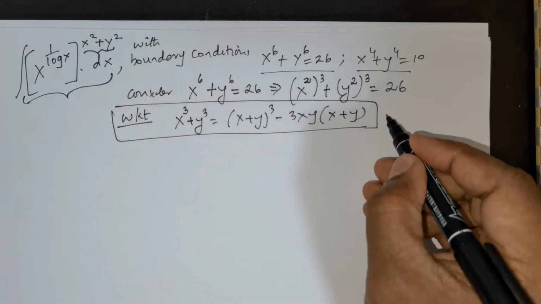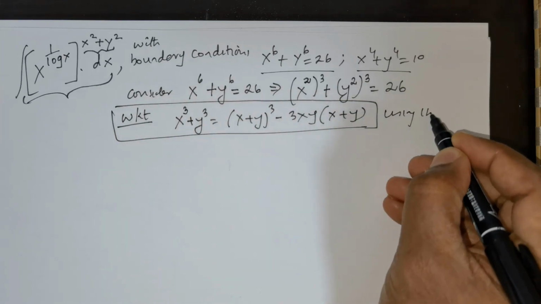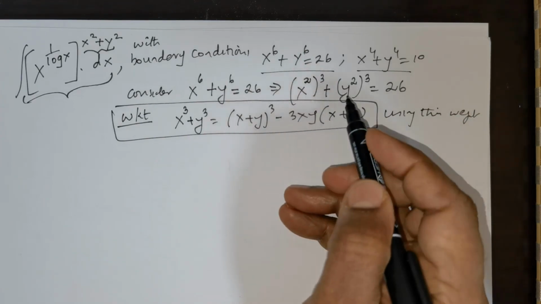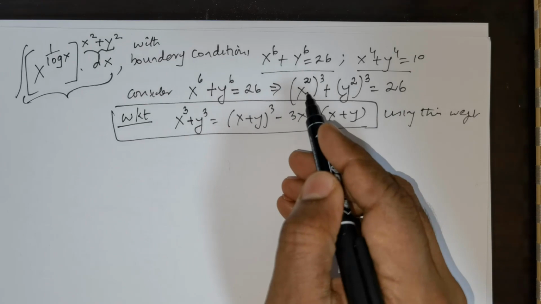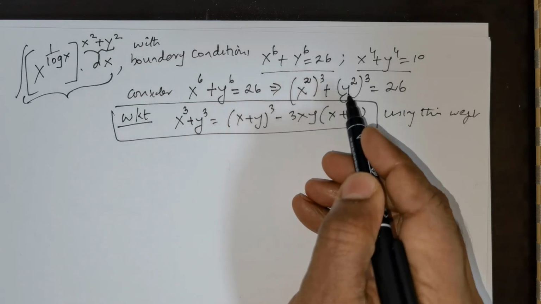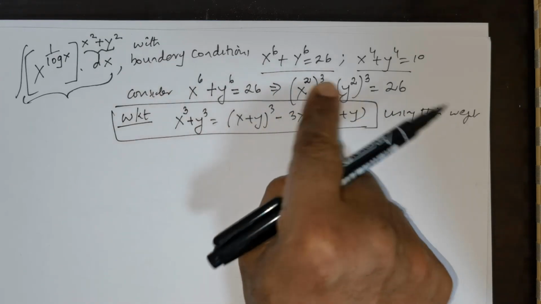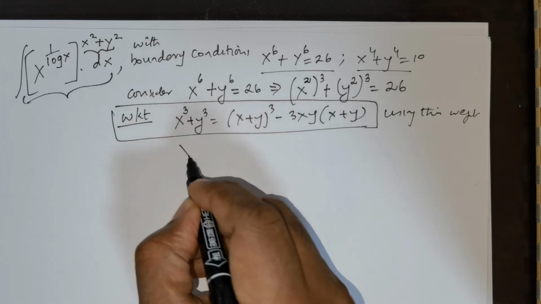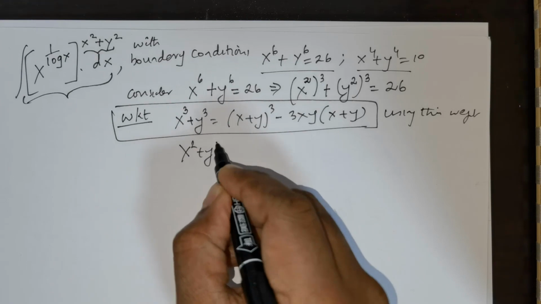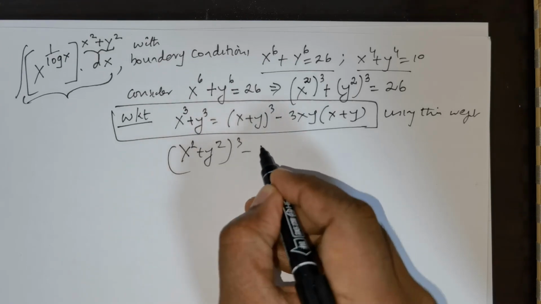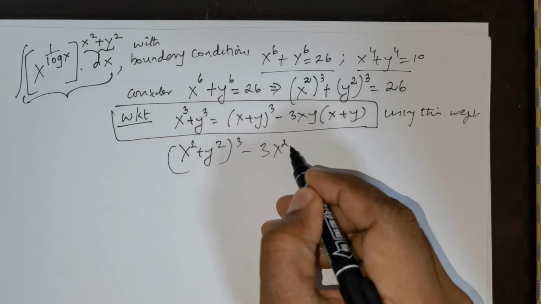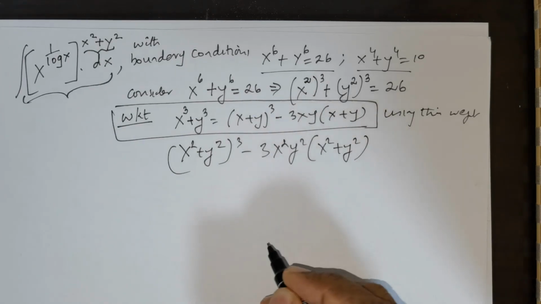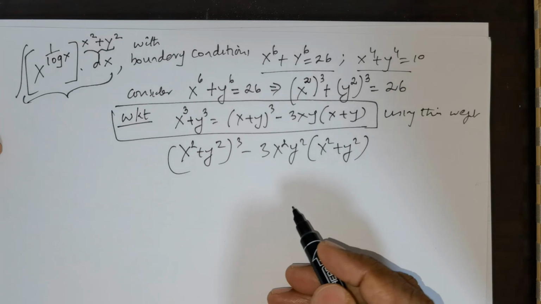So using this, what do we get? This quantity, x squared raised to the power of 3 plus y squared raised to the power of 3, can now be rewritten utilizing this. So this is going to be (x squared plus y squared) raised to the power of 3 minus 3 times x squared y squared times (x squared plus y squared). So that is what we have got.